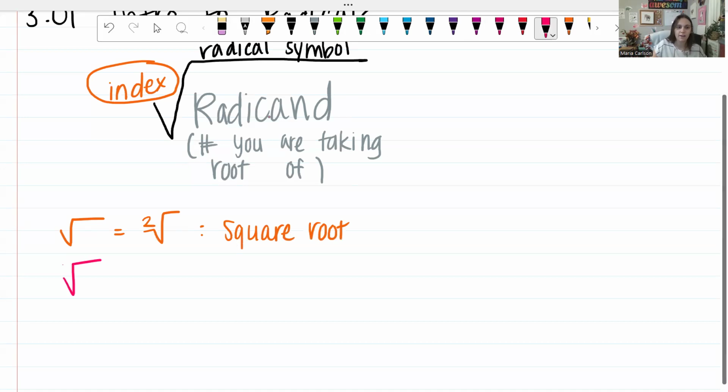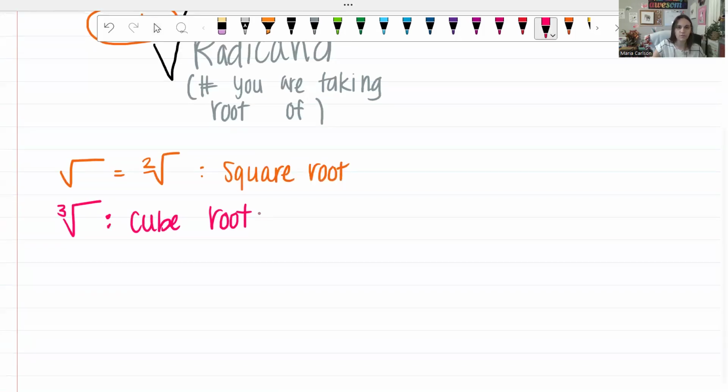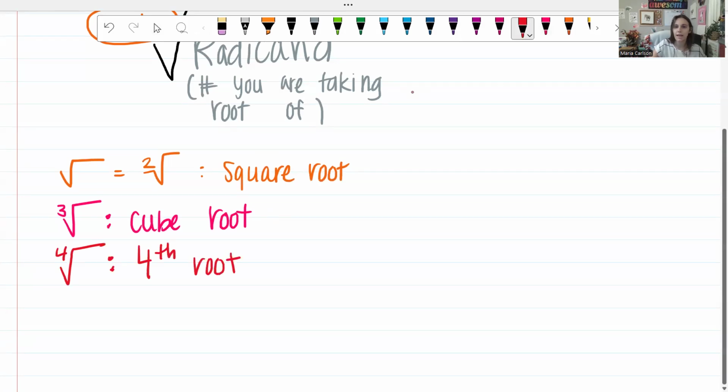If you have a 3 in your index, we are now finding what is known as the cube root. If you have a 4 in the index, that would be a 4th root. And then that kind of just continues on.